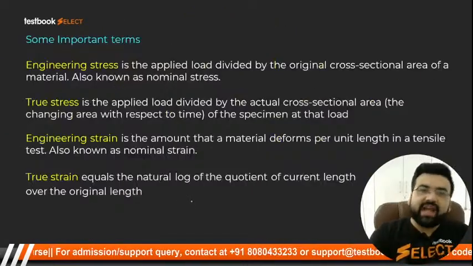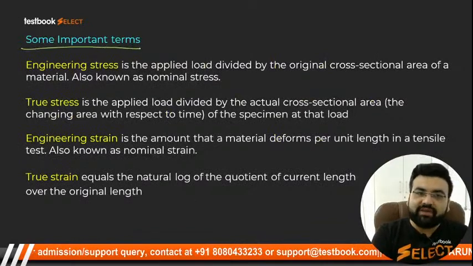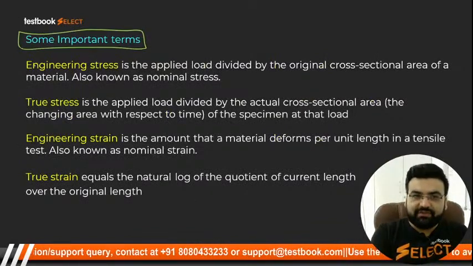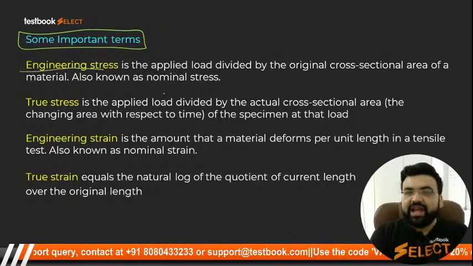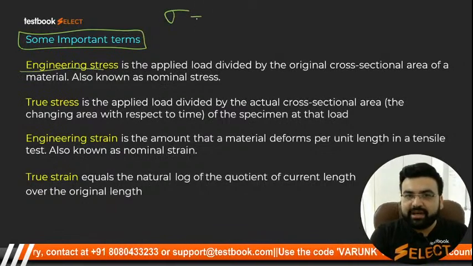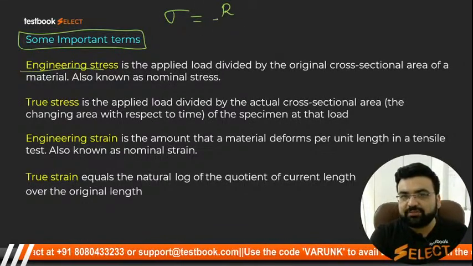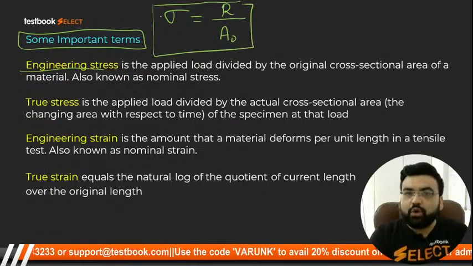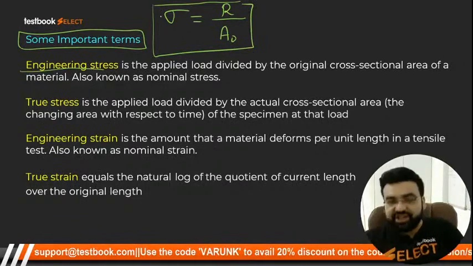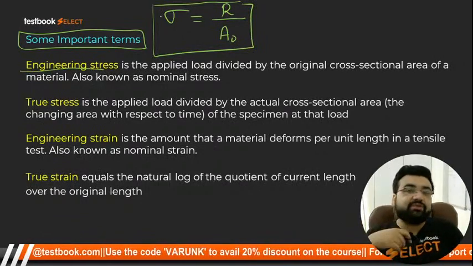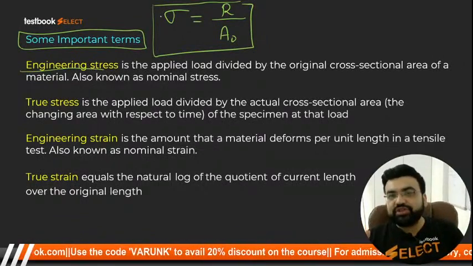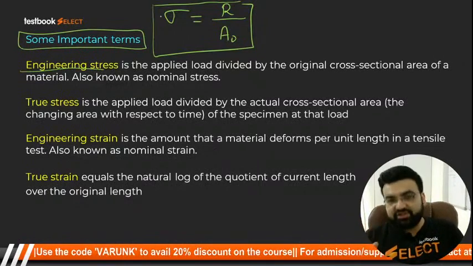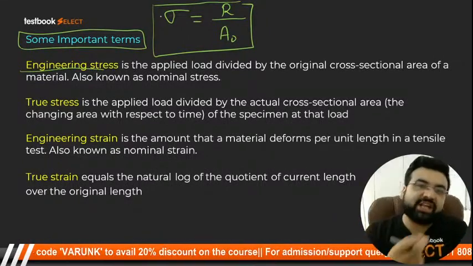Now, students, we have some important terms we should always take into consideration. First is called the engineering stress. Engineering stress is nothing but sigma is equal to resisting force per unit original area. But students, we know that the original area keeps on changing. If the original area keeps on changing, we cannot use the engineering stress as the most accurate stress.